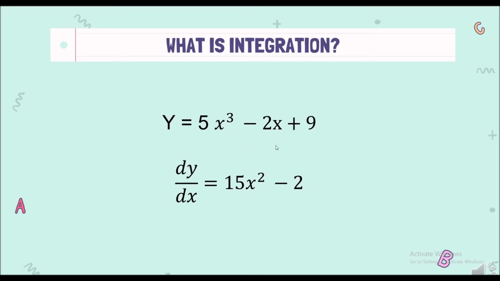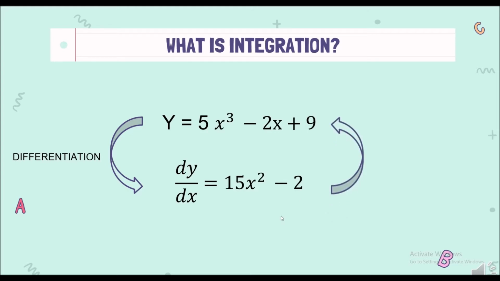So, dy/dx equals 15x squared minus 2. This process is differentiation. So, integration is the inverse of differentiation. From the equation dy/dx equals 15x squared minus 2 we go back to y equals 5x to the power of 3 minus 2x plus 9.